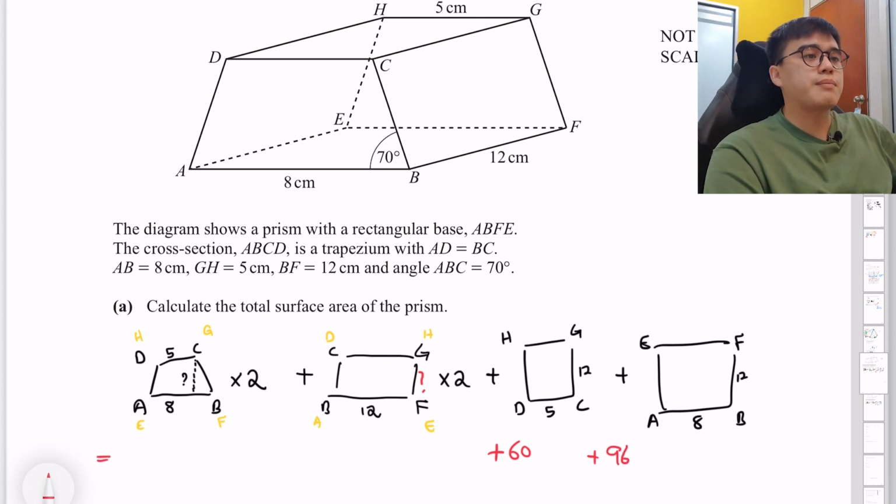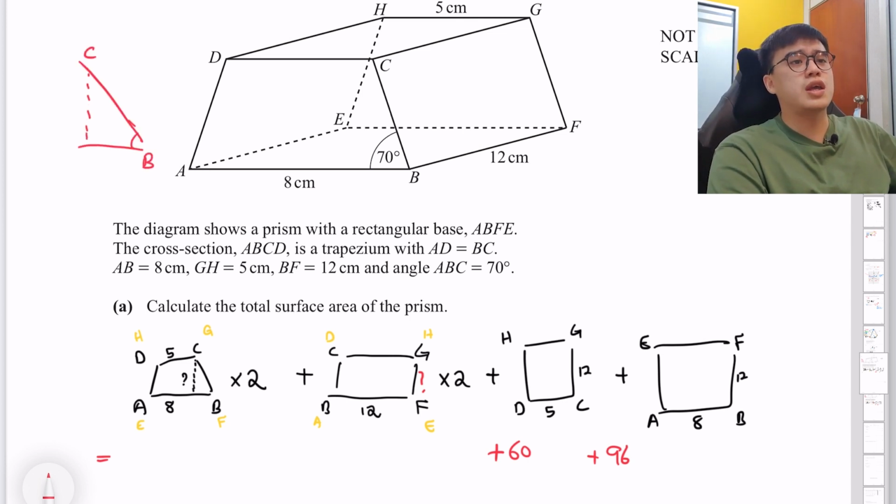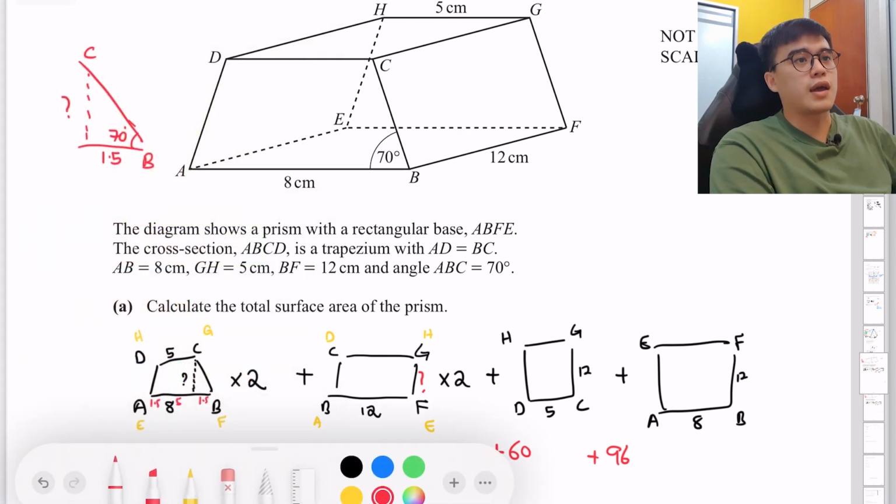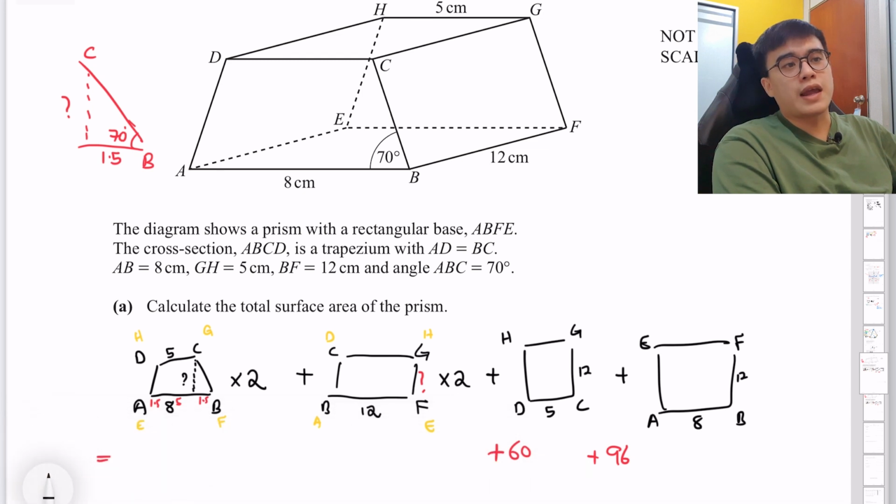To calculate the height of this trapezium, I have to use the information of the CB and the 70 degree angle there. I know that it is 1.5 because when I draw the D and C down, 5 cm and 8 cm, the difference is 3. So 3 divided by 2 is 1.5.